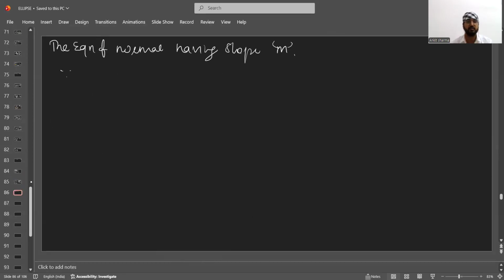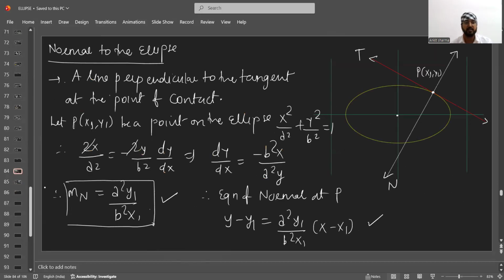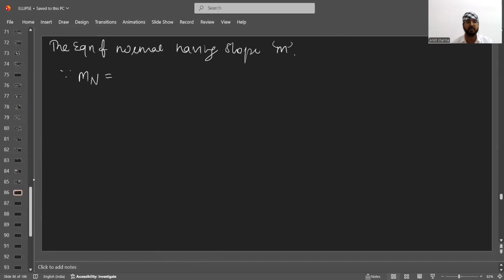So since slope of the normal is a square y1 over b square x1, this is my slope. Instead of m n, I'll simply use small m because we need to get the equation. So this is the slope of normal. Now what I want is either y1 or x1.